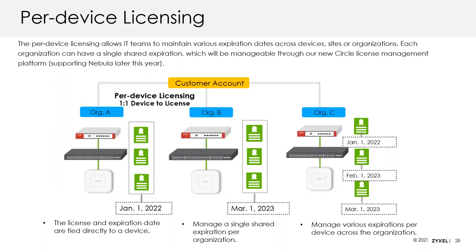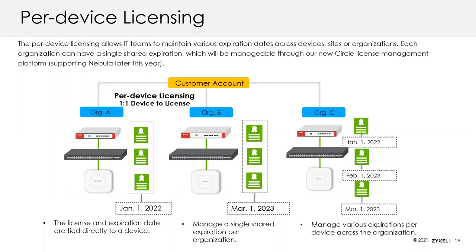So if you've got a franchisee you're working with, you know, Albany McDonald's, and they've got a couple different locations, you would generally have Albany McDonald's as an org, and then each one of their locations you would have set up as a different site. So licensing is done at the org level, not the site level. So if you're going to be using Plus or Pro Pack, every device in that org needs to have a license in order for those features to be unlocked and available.